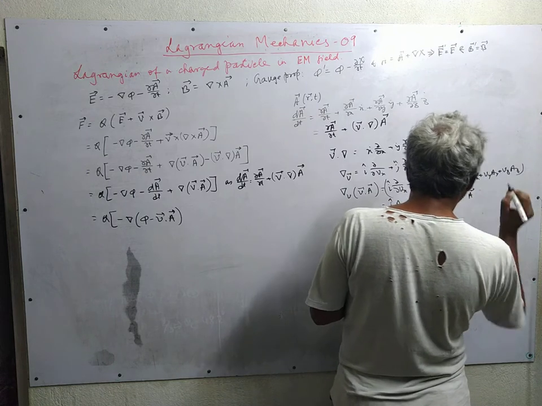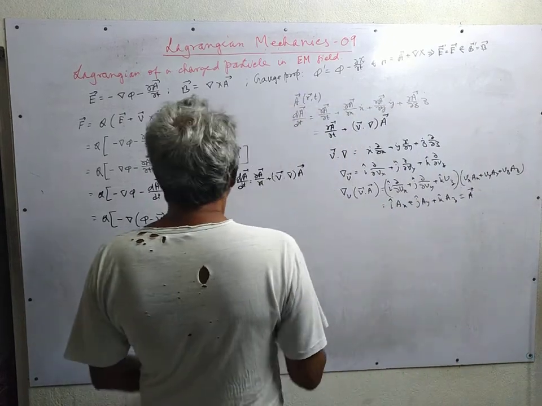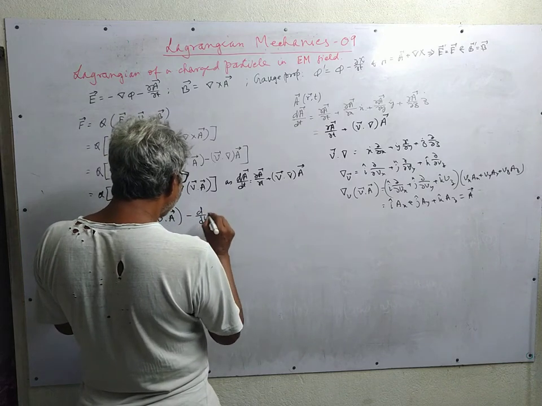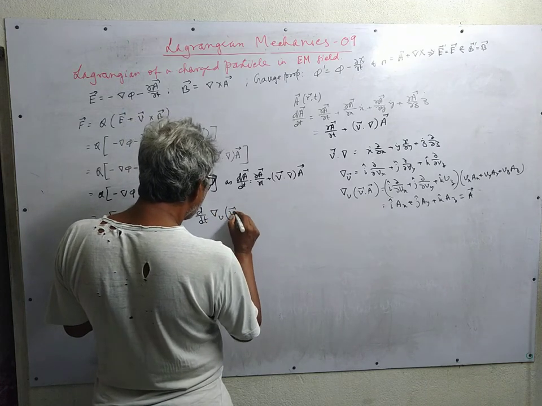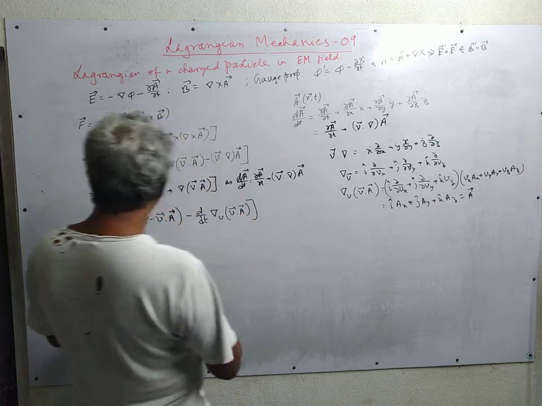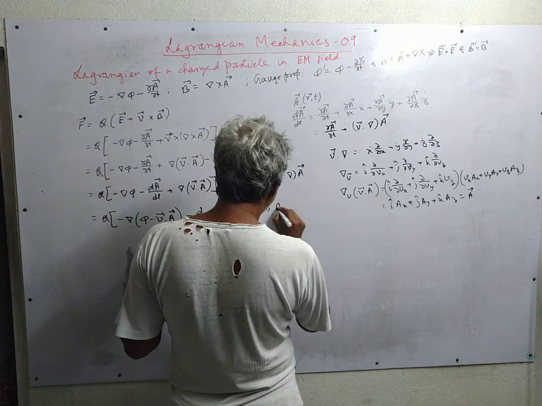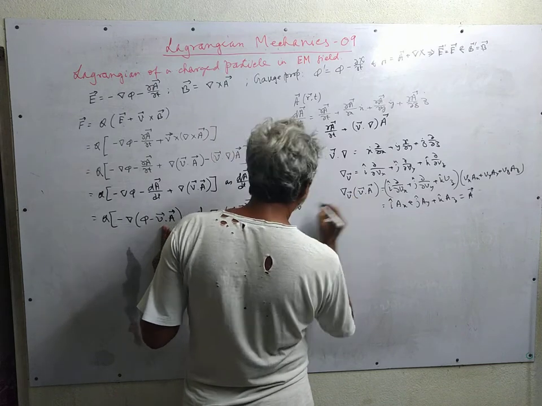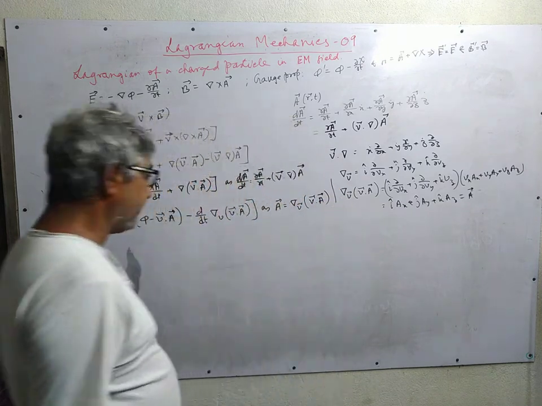So this is nothing but vector A. So we can write this part, the minus dA/dt, where the A part is written as the velocity-space gradient of v dot A. This is done in order to bring in a similar term, and this is a velocity dependent part.